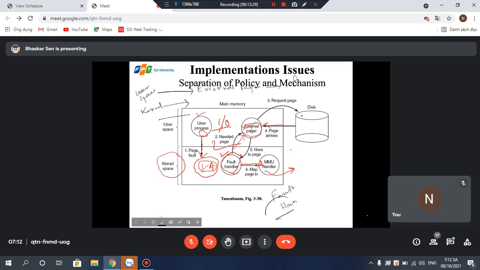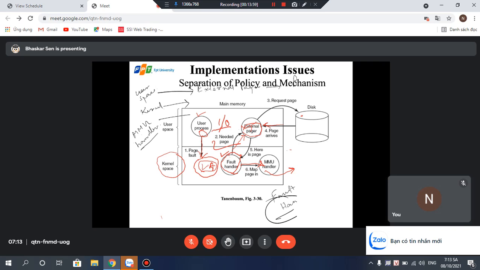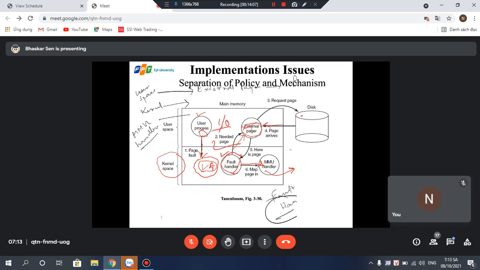Fault handler, and this fault handler will be responsible for the implementation of much of the mechanisms that we have. And finally, at the bottom level of the kernel, close to the machine, we have machine level code that is called MMU handler. This is the one that will handle the MMU, that will present the actual page to the MMU, and the MMU will generate the logical address. Okay, that is what we are doing.